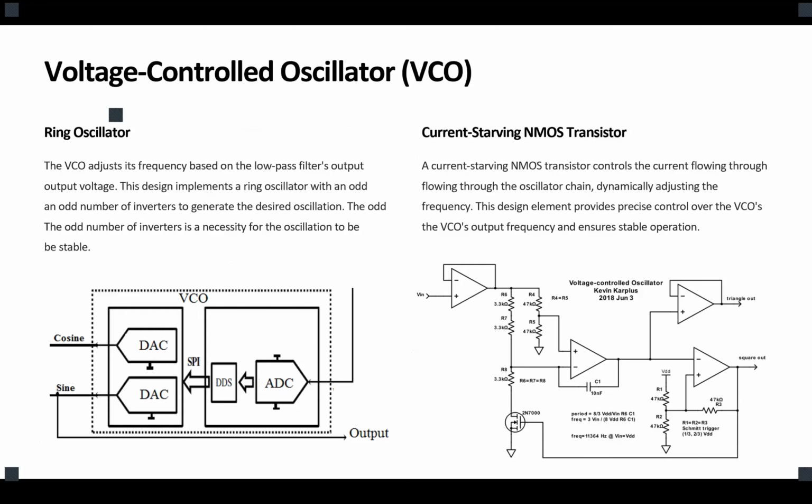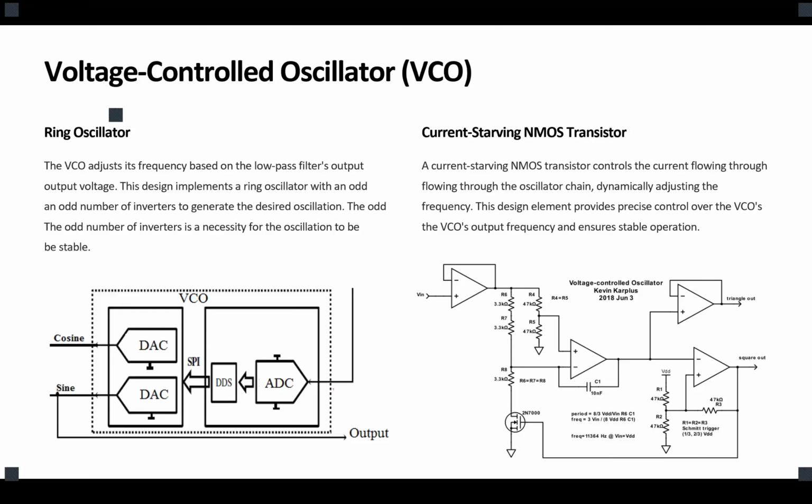Now, for the oscillator, normally they use a ring oscillator, which, it doesn't matter even if you don't want to use the ring oscillator or the schematic that I put here, there are tons of other techniques to create a sinusoidal oscillator.